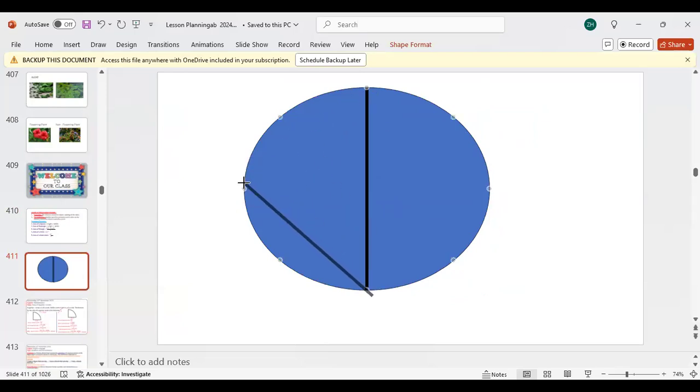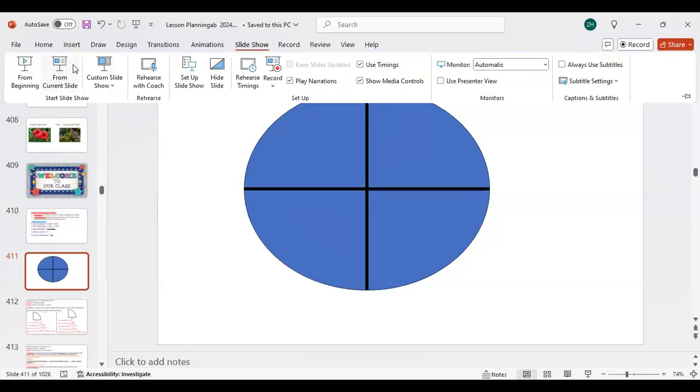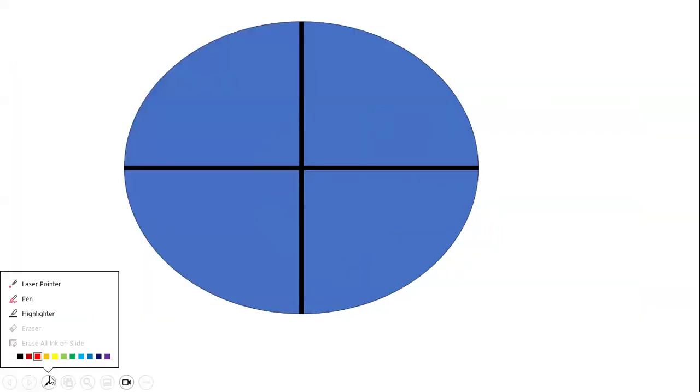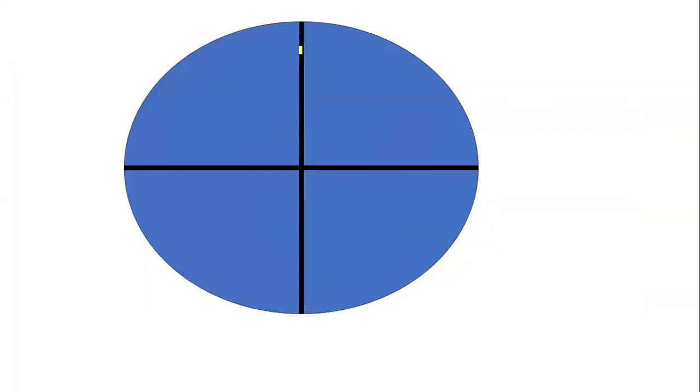No. A semi-oval? No. A quarter circle? A quarter of a circle. Very good. What is the area of this quarter of a circle?